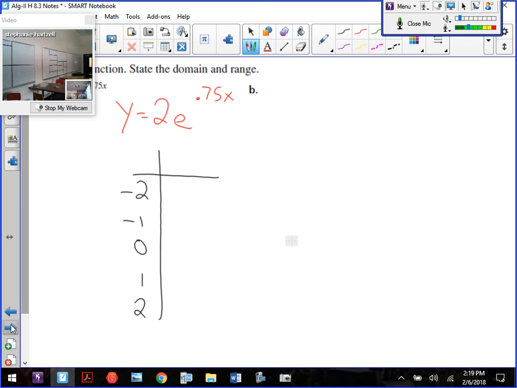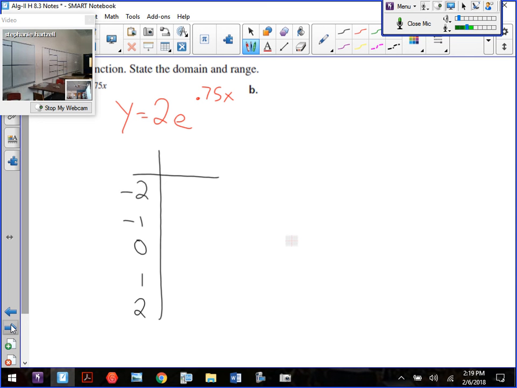It's really hard to figure out e to the negative 3/4, or e to the negative 3/2. I can't do this in my head. I don't know what that number is. I don't care what that number is. I'm not going to multiply some decimals.